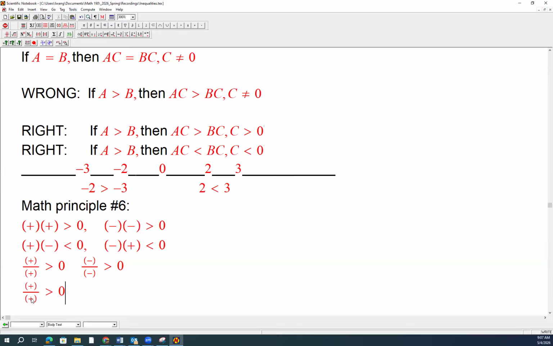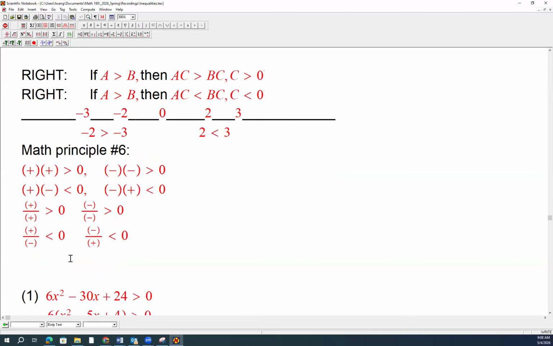However, if we have a positive number divided by a negative number, then the quotient will be negative. Another case is a negative number divided by a positive number, it will also be negative. These facts can be extended if you work with 3 factors, 4 factors, and so forth. You just count the number of negative signs.